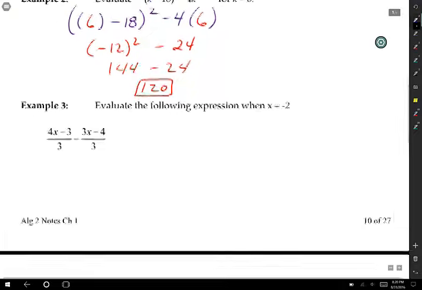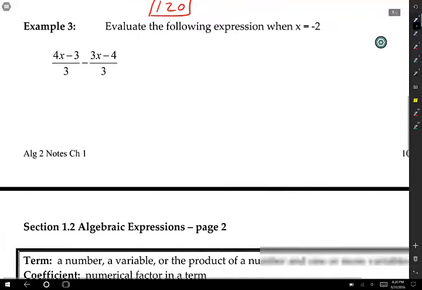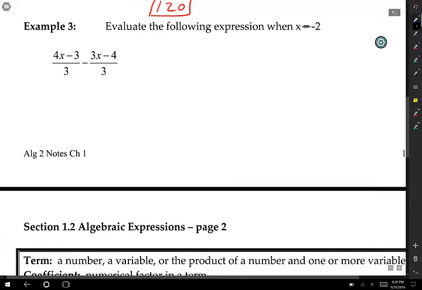Our third problem here is we're evaluating when x equals -2. Remind yourself, x being -2 makes a big impact, as we have to consider what happens when we're dealing with that negative. So let's take a look. We have 4 parentheses -3 over 3 minus 3 parentheses -4 over 3.